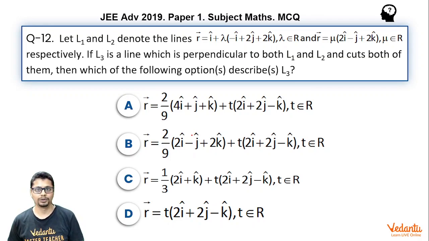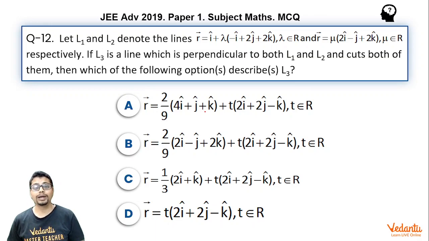If L1 and L2 are intersecting lines, then line L3 would be a line passing through the intersection point of L1 and L2 and parallel to the normal to the plane containing L1 and L2. And if L1 and L2 are skew lines, then L3 would be a line along the shortest distance between these two lines.